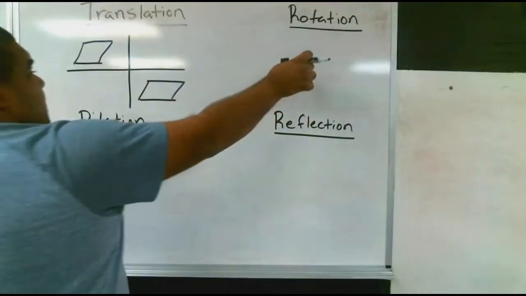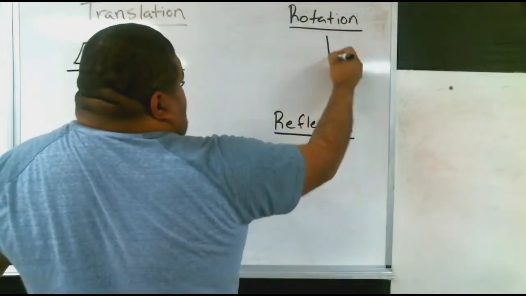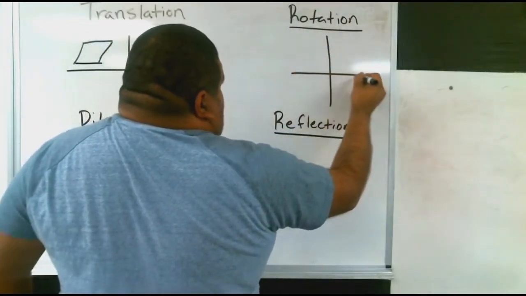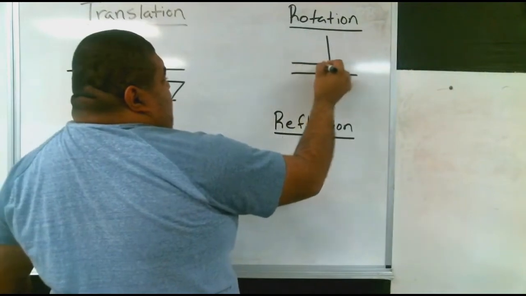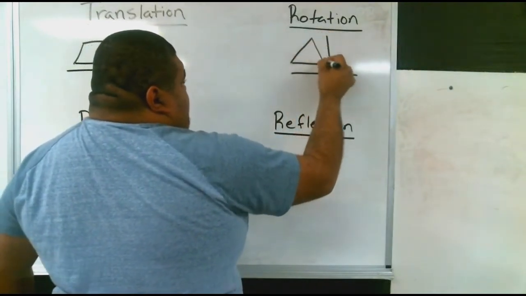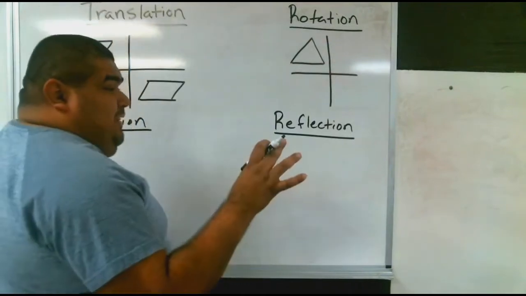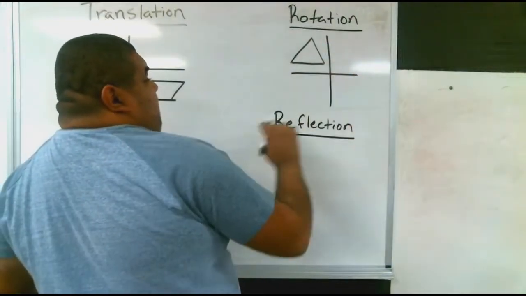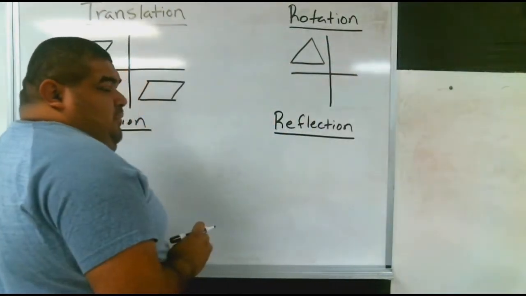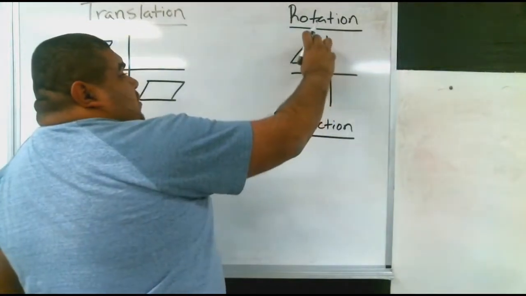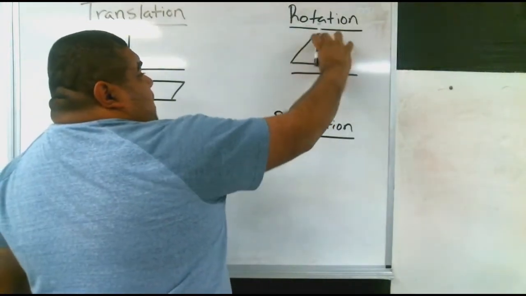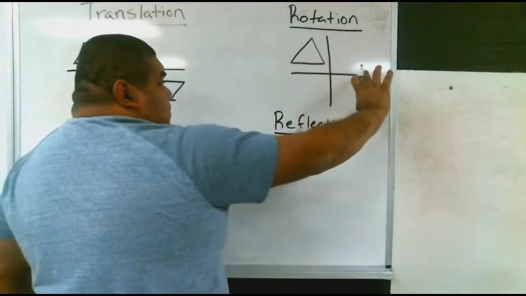For rotation, on the other hand, if I have this triangle on quadrant 2, and I rotate it to quadrant, again, 4, you can either rotate it clockwise or counterclockwise.